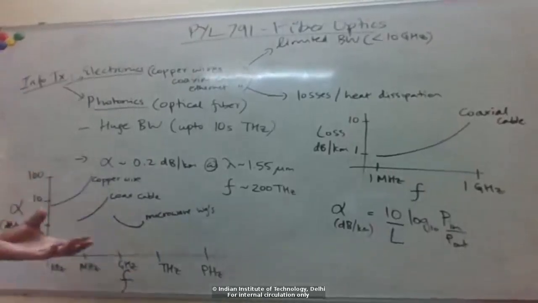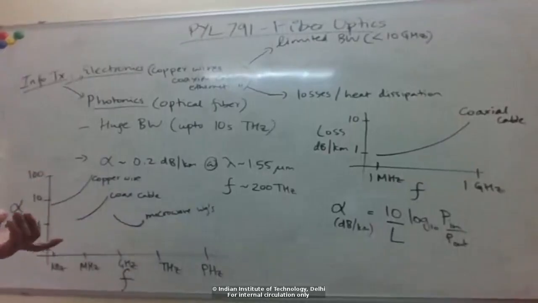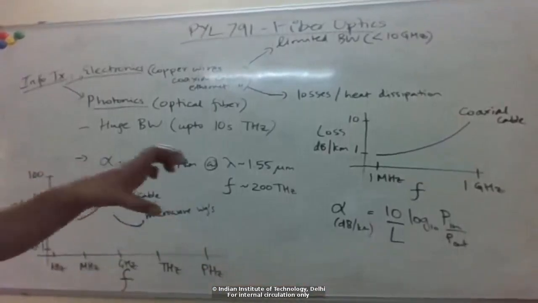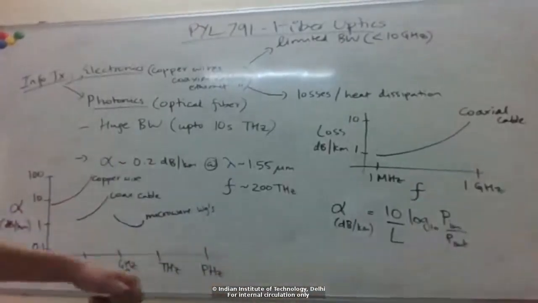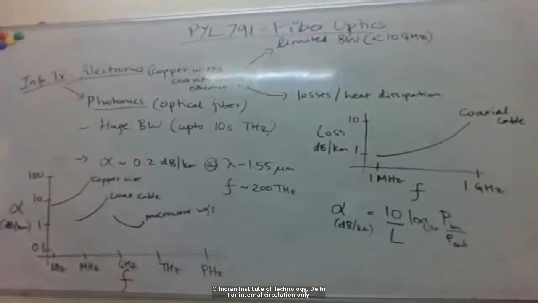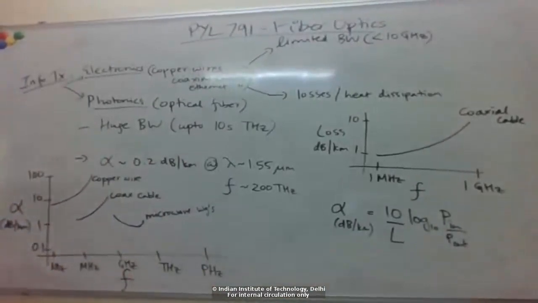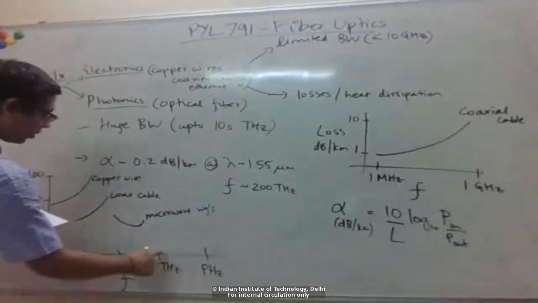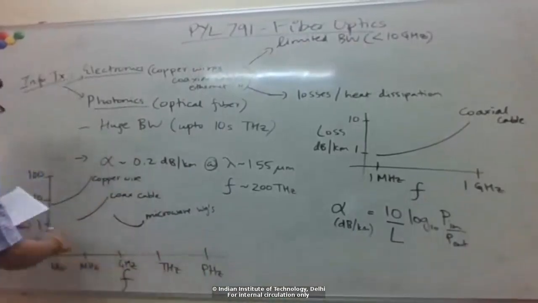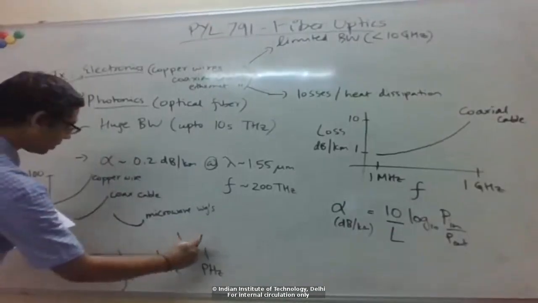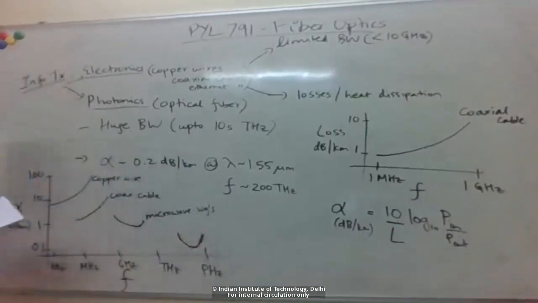But they are complicated to make, and typically you can't make them for very long lengths, because they're not like wires where you can just make long lengths and bend them. And then if you look at optical fiber, now we're going to very high frequencies, hundreds of terahertz, and the loss goes down quite a bit.